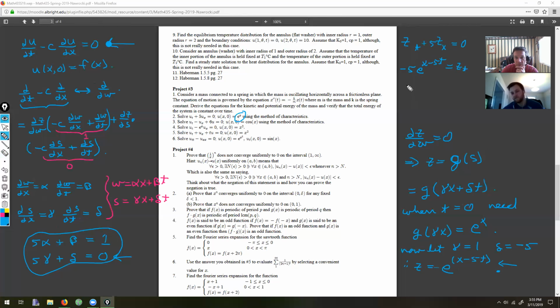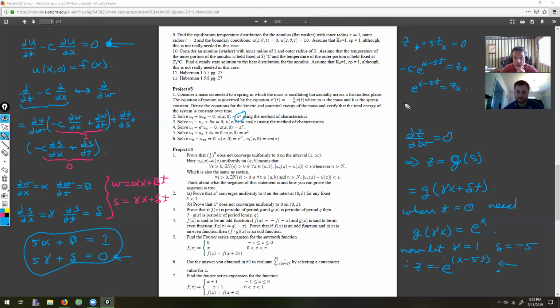And zx, if I differentiate with respect to x, is e to the x minus 5t. And yeah, it does satisfy this equation up here. If I multiply zx by 5 and add it to zt, I get back 0, right? Now let's check out the boundary condition.